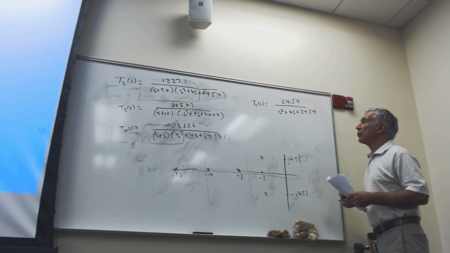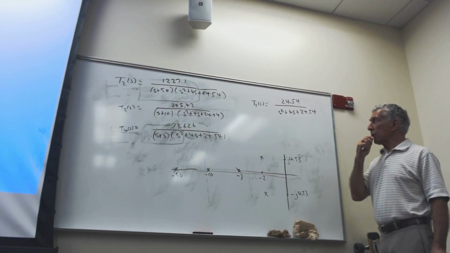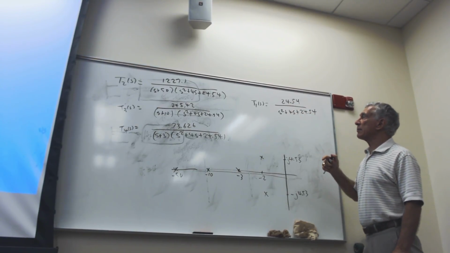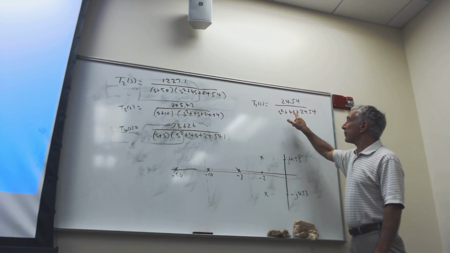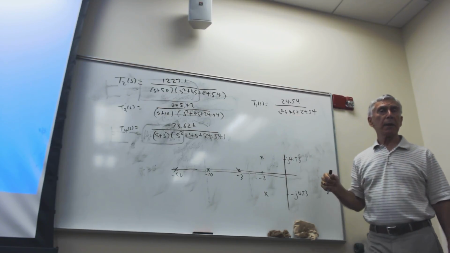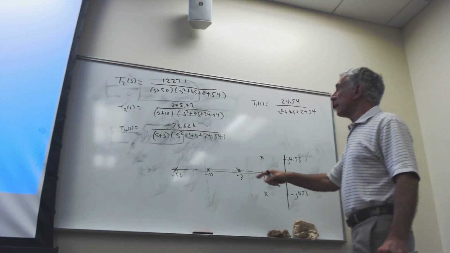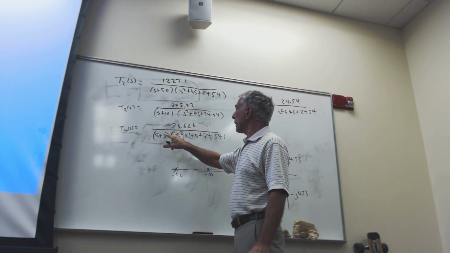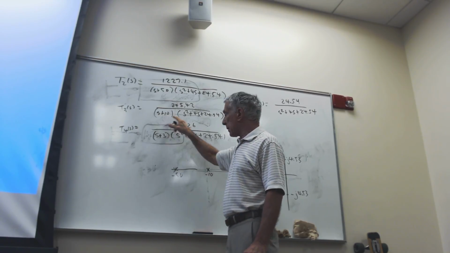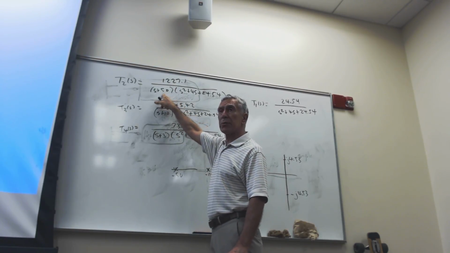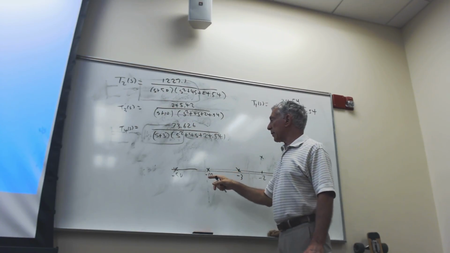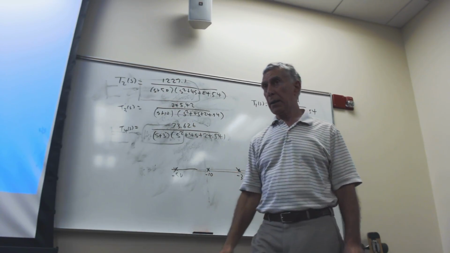Which one of these transfer functions can be best approximated by this one? T3, factor out the 10. T3 is at minus 10, but notice this one is at minus 50.